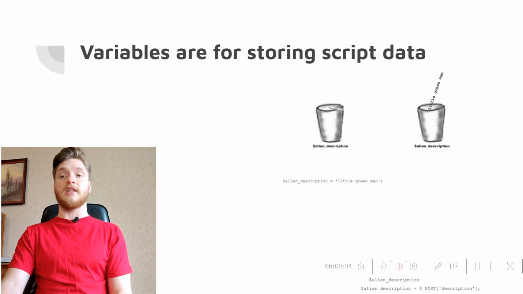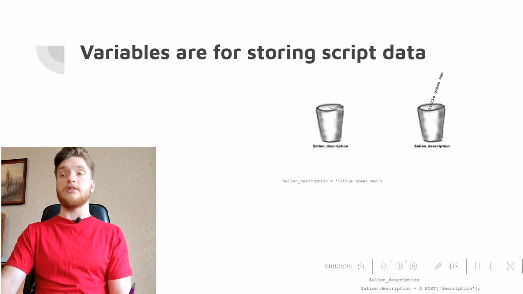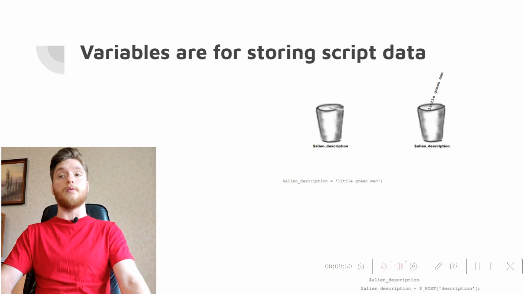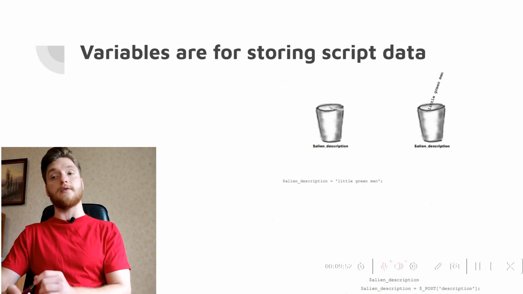This code works in that it most definitely stores the text little green man in the $alien_description variable, but we solved one problem by creating another one. This code causes the alien description to always be the same regardless of what the user enters into the form.